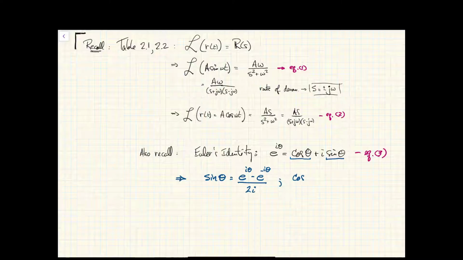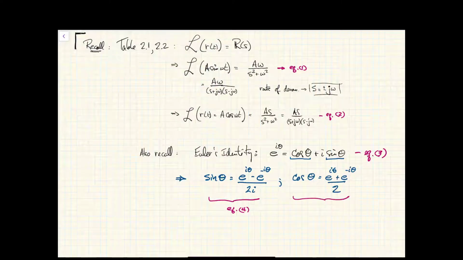And similarly for cosine of theta, that's going to be e to the i theta plus e to the minus i theta divided by 2. So no imaginary number in the denominator. Let's call this equation 4, and this equation 5. Okay, all right, enough for the review here. This is stuff we've talked about before, but make a note of these 5 equations. We'll come back to them as we move along.